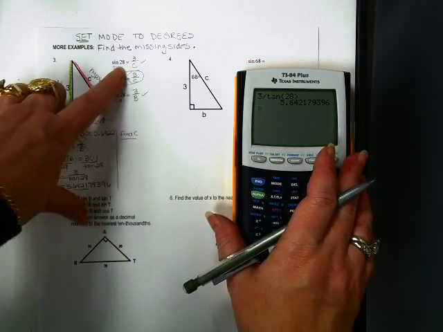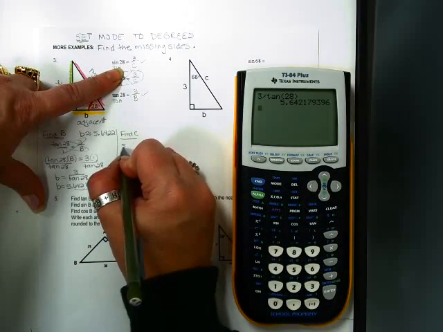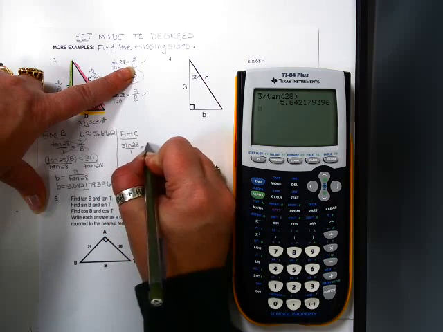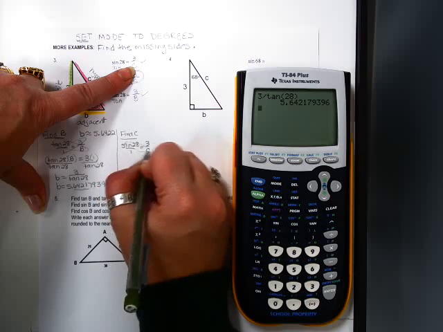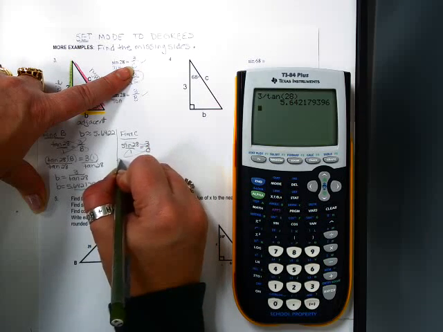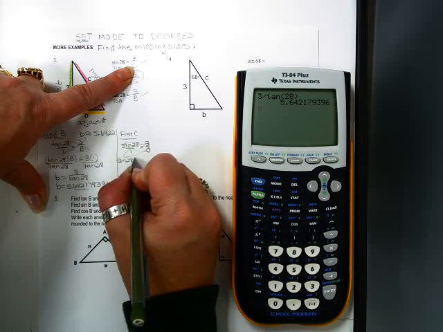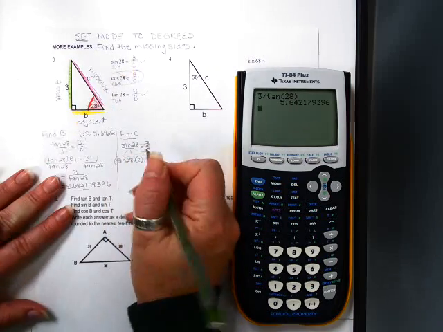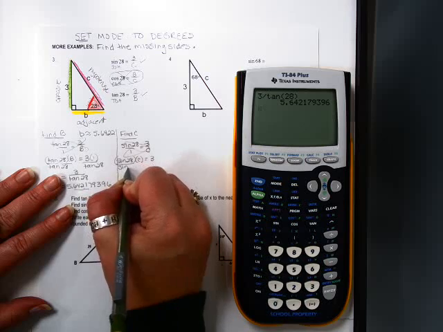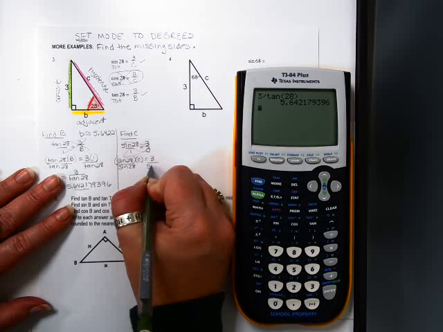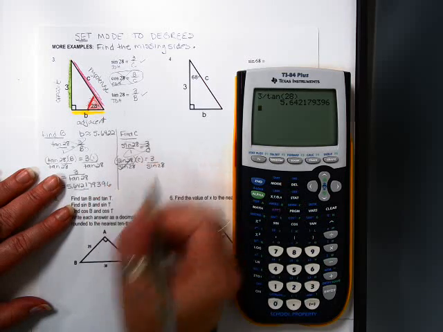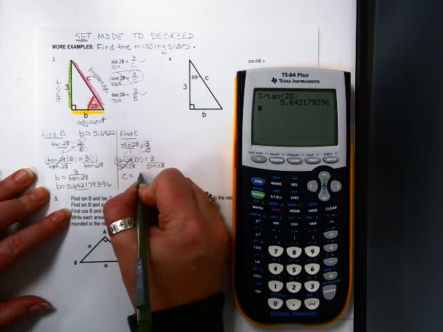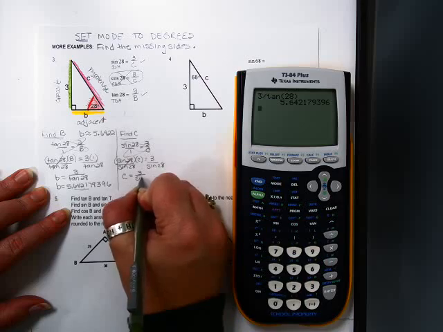Okay, so for C, I'm going to use this one. So I'm going to put sine 28 over 1 equals 3 over C, cross multiply. That's going to be sine 28 times C equals 3 times 1 or 3. Divide by sine 28 on both sides. Cancels out over here. So C is going to be 3 divided by sine 28.